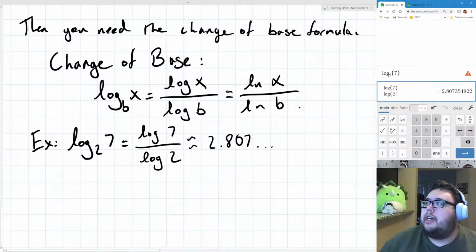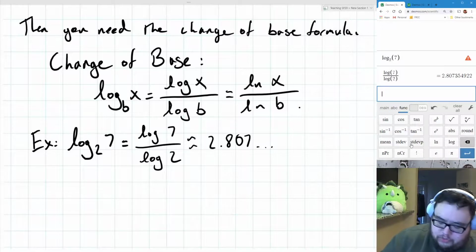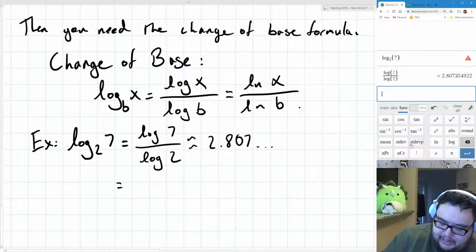And just to show that the natural log works as well, let's go ahead and use that version of it. So we can also do it as ln of 7 divided by ln of 2.